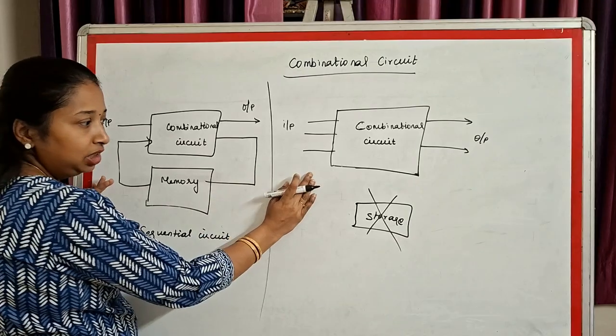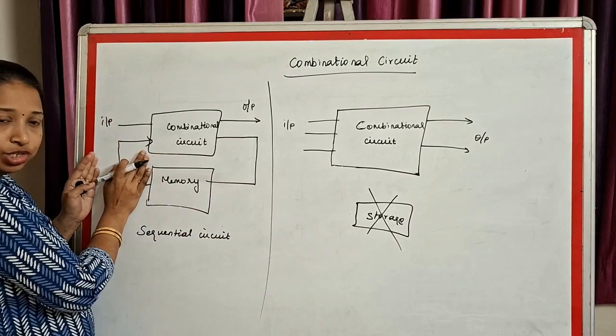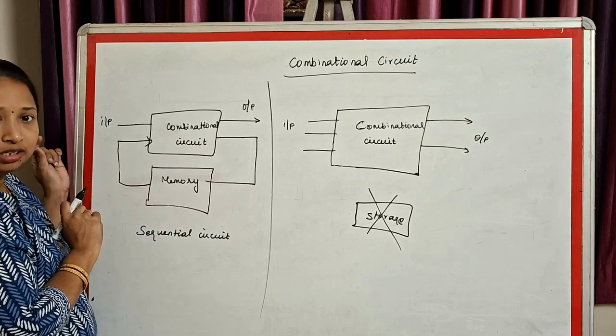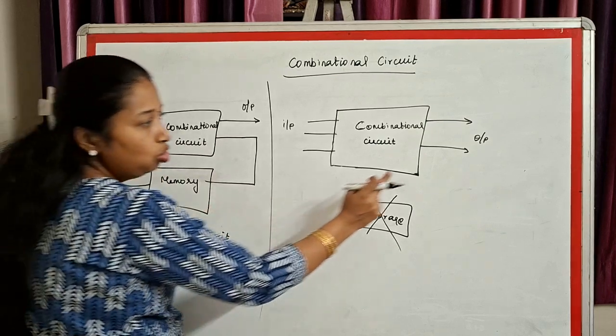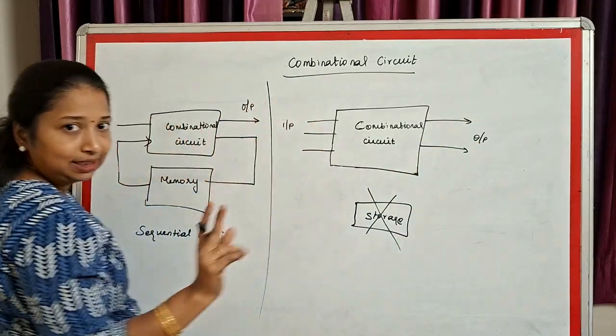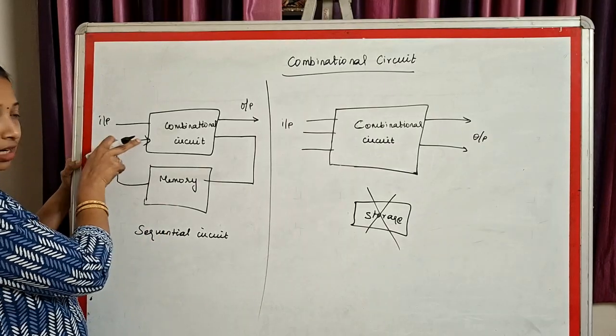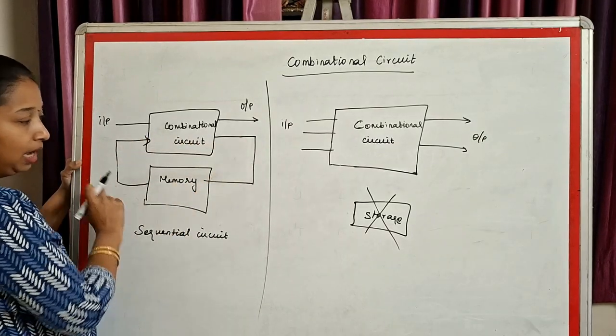In a combinational circuit, you don't have any memory or storage involved. Whereas in a sequential circuit, you have memory or storage. Here, the present output is dependent only on the present input, whereas in a sequential circuit, the present output is based on the past output also.